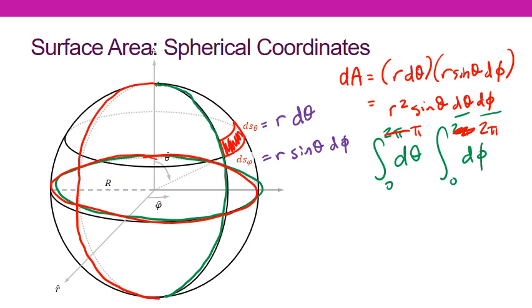I've seen this run from 0 to pi, or sometimes the limits might be minus pi over 2 to pi over 2. It really doesn't matter as long as I go through a half circle. And then the other one is going to go from 0 to 2 pi through the full circle. And when I do that, now I will get just one sphere. I won't double count my points.